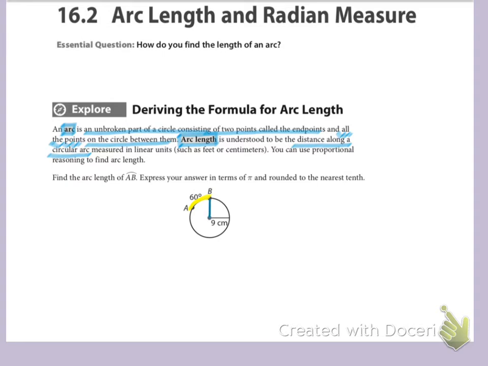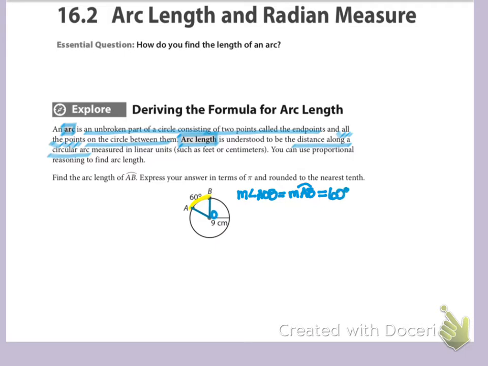So like the central angle here would be, let's say there was a letter in the center, let's call it O. Then we'd say the measure of angle AOB is equal to the measure of arc AB. Okay, those are the same, and in this case they were both 60 degrees.